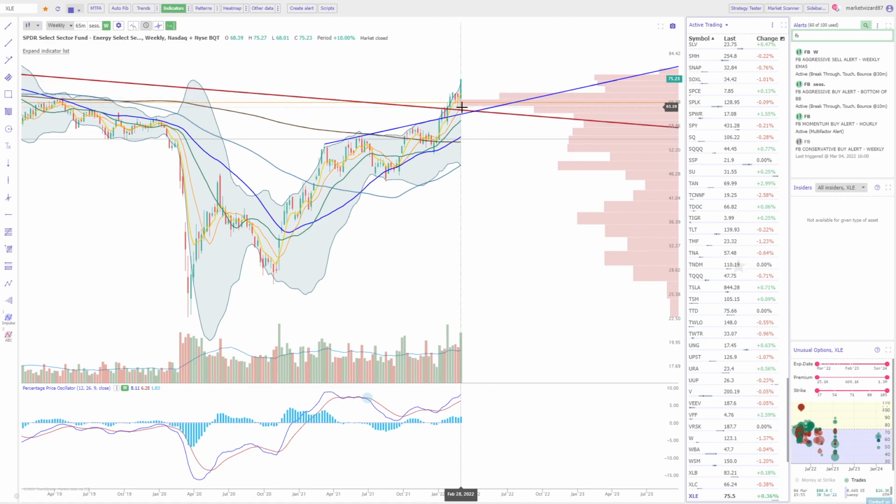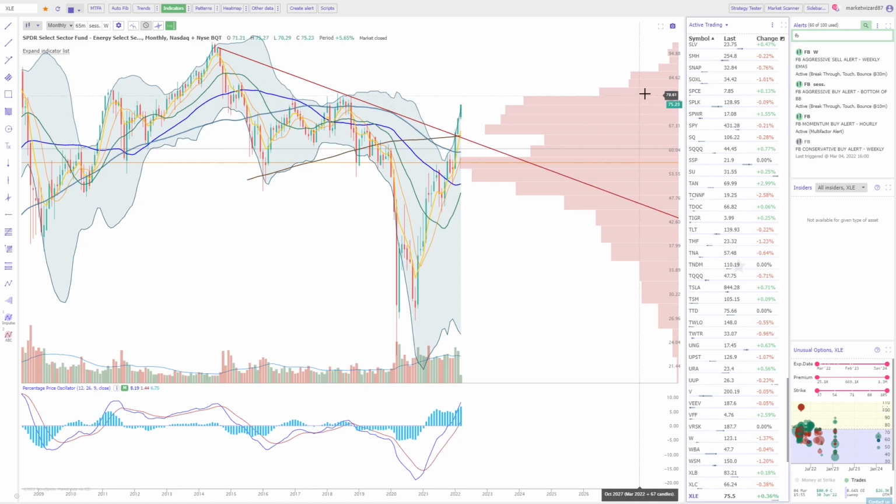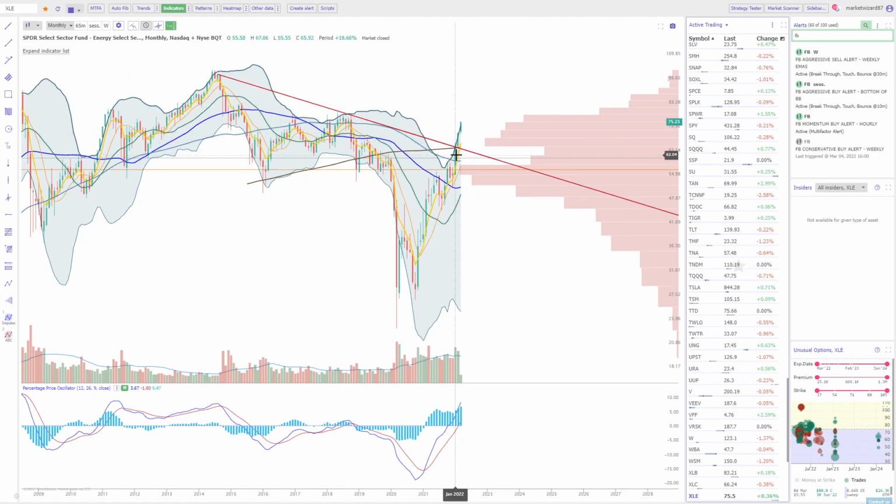And as long as it stays above this orange line, and really the green line, as you can tell, this 2 standard deviation from mean move is likely to just keep going higher. And how high? You got to go to the monthly to see. Look at this breakout. $78, $80, $100. Why not?